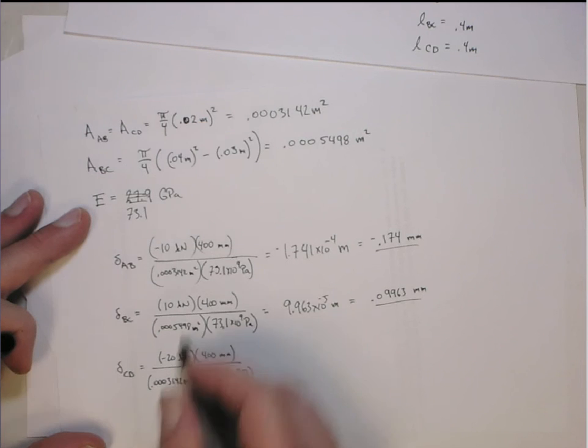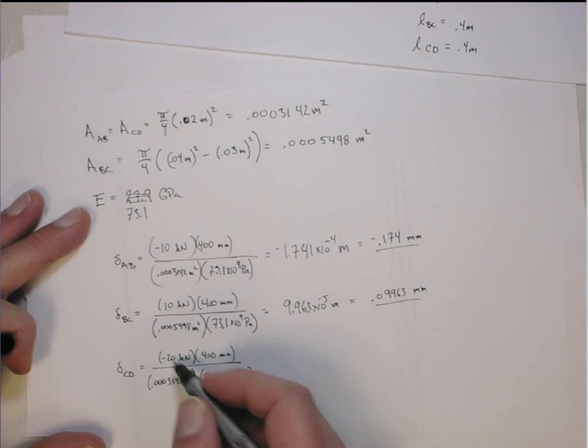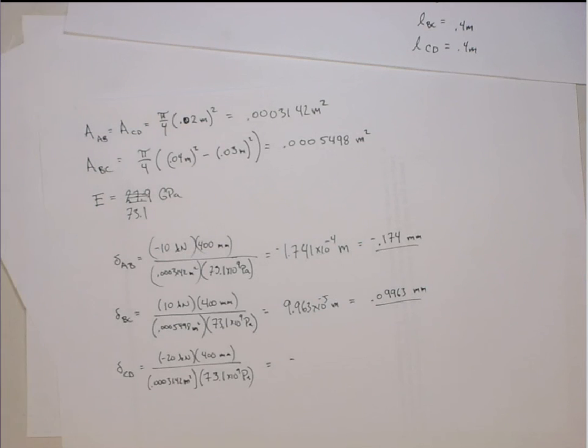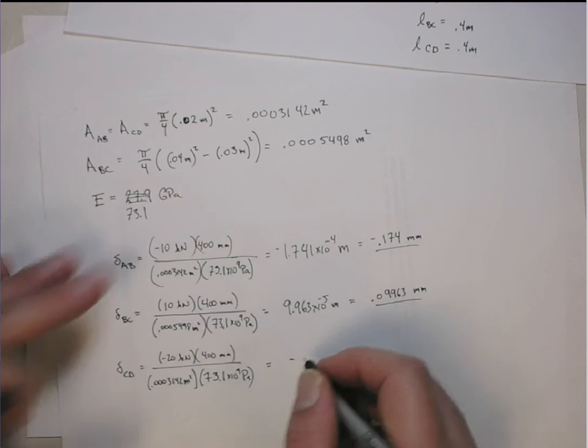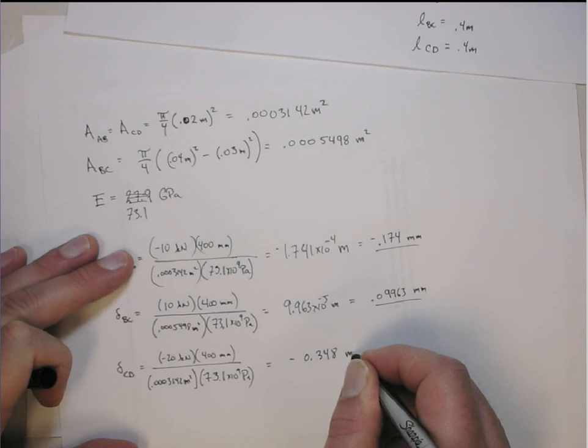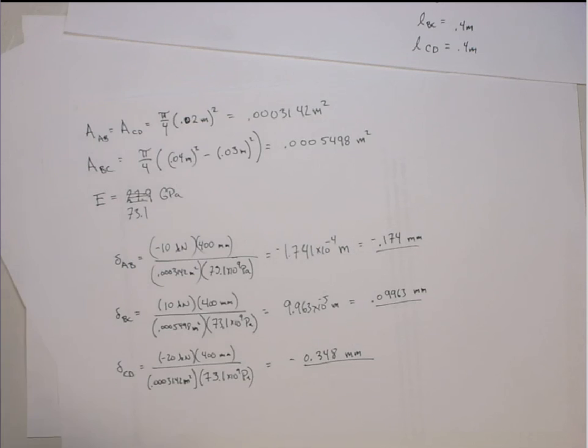So you can see it's just the same as this. It's actually just 20 instead of 10, so it's 2 times that. So it's going to give you a minus, let's just times that by 2, minus 0.348 millimeters. Okay?